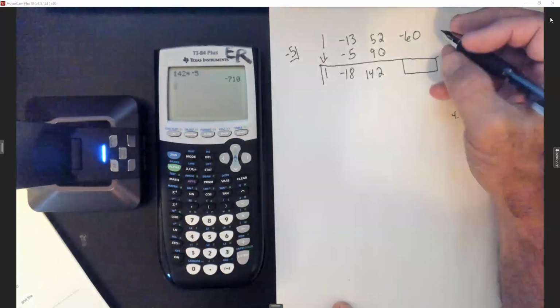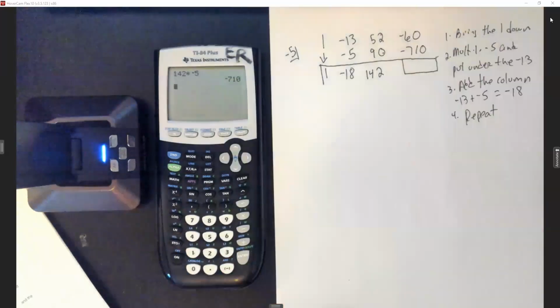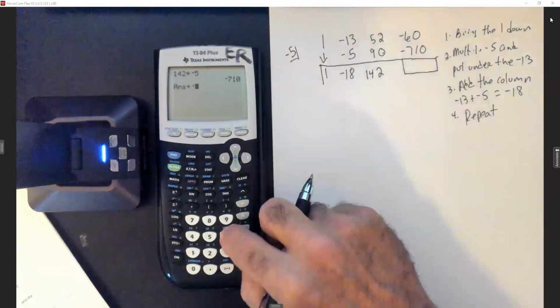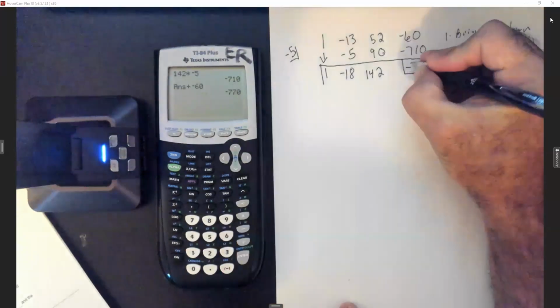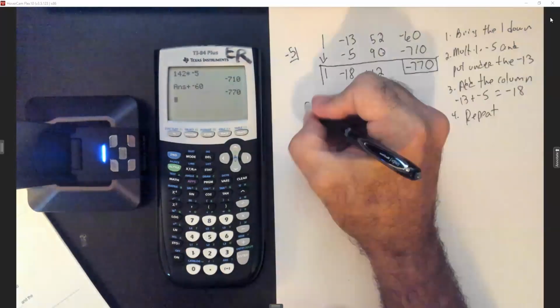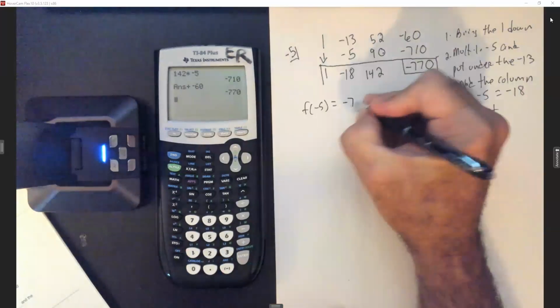Ooh, that's a negative 710. And then finally add that negative 710 to a negative 60. And you're going to end up with a negative 770. So f of negative 5 is going to equal a negative 770.